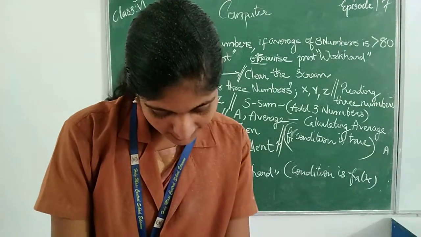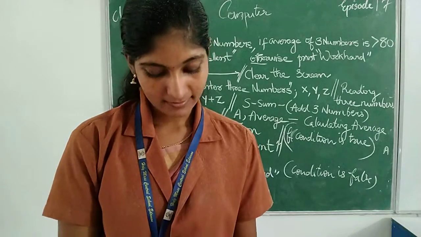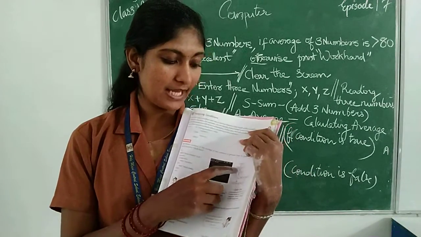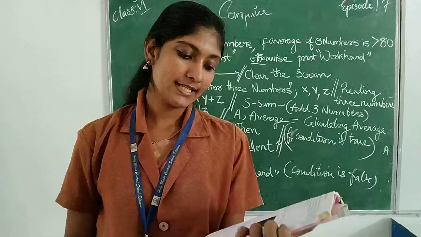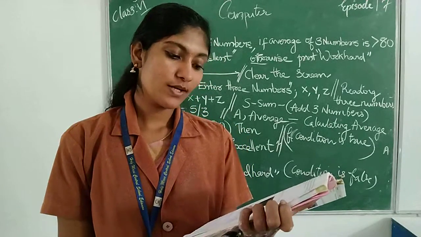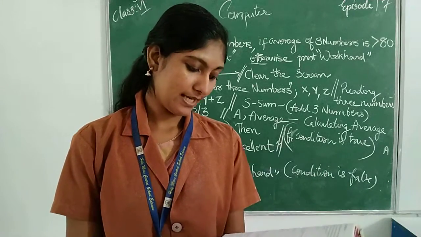Okay. So here look at the flow chart. Start, accept A, B, C, then D is equal to A plus B plus C. If it is greater than 80, then print excellent, else print work hard.